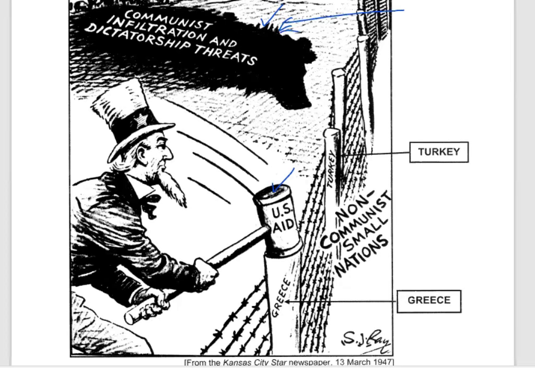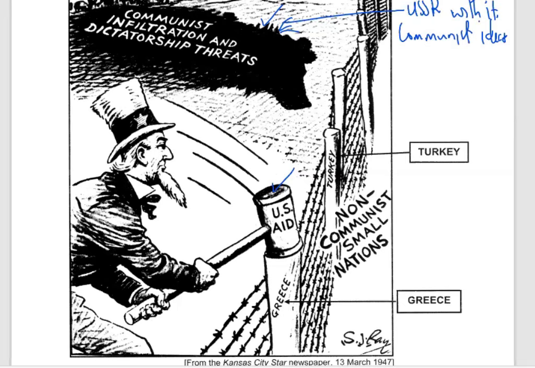It's representing the USSR with its communist ideas. It's labeled communist infiltration and dictatorship.